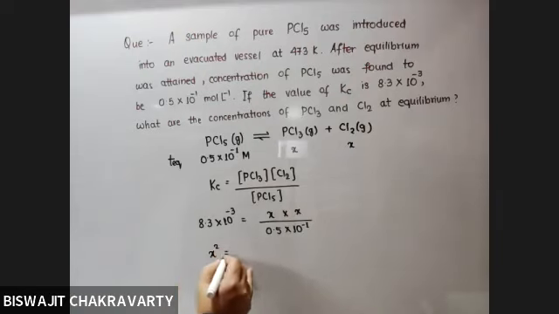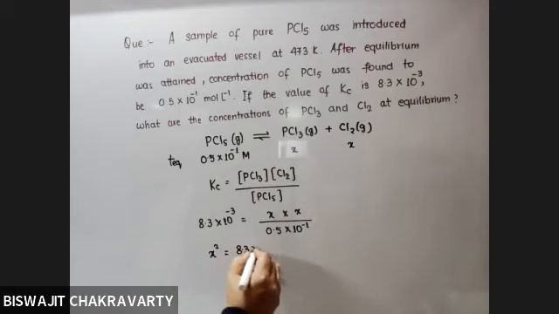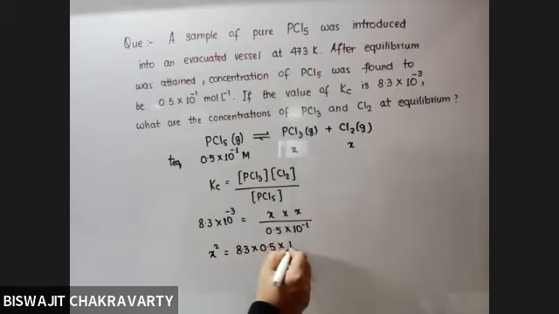Here we will get x square equal to 8.3 into 0.5 into 10 to the power minus 4.